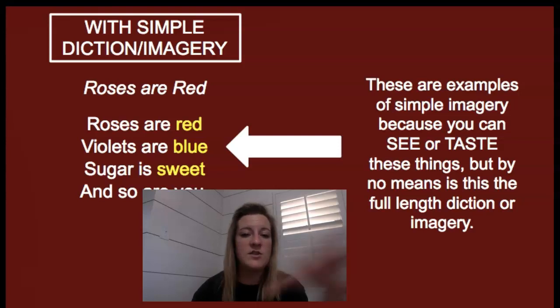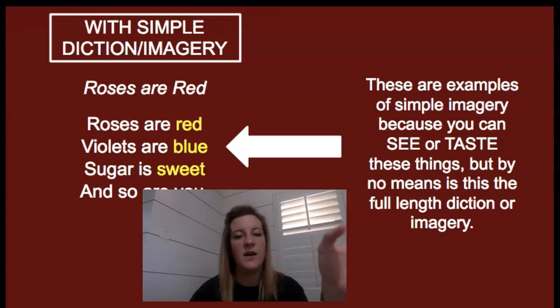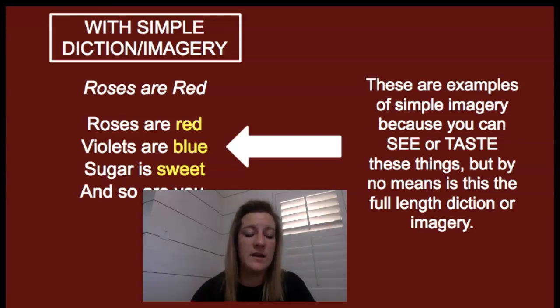And there's no limit to that. You just have to be careful whenever you're reading or writing poetry to not look into every single thing. But that imagery and that diction, those words, create the picture and create the vision of the poem. Okay? Sorry, I missed that part.